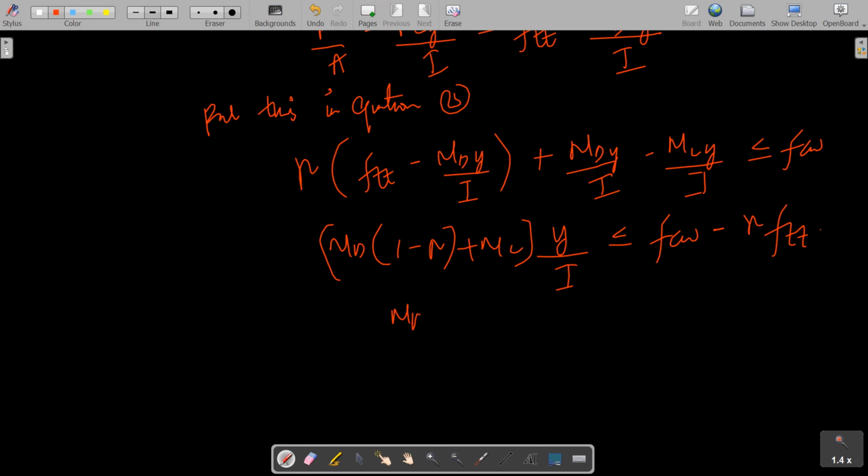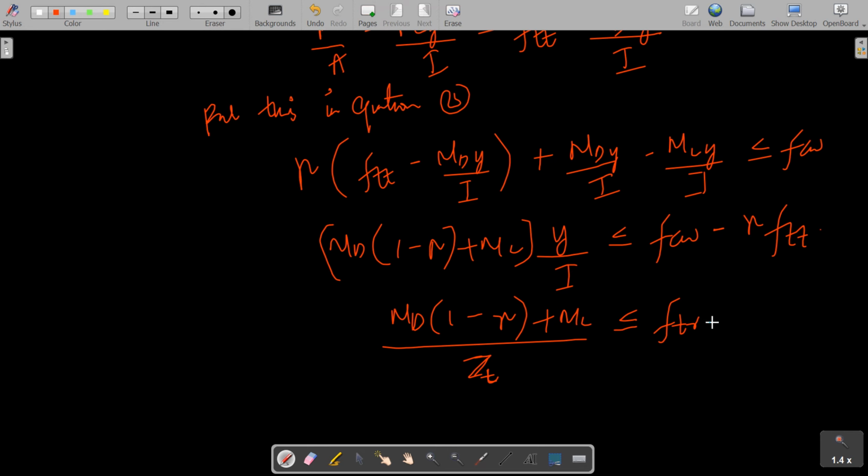Rearranging this, I will get MD into 1 minus eta plus ML divided by Y by I, that is, the 1 by section modulus, that is I by Y. I could write it as the section modulus, and here we are considering the top fiber, that is the section modulus of the top fiber. If there is a non-symmetrical section, the section modulus for top fiber and bottom fiber, ZT and ZB, will be different. This must be less than or equal to FTR.